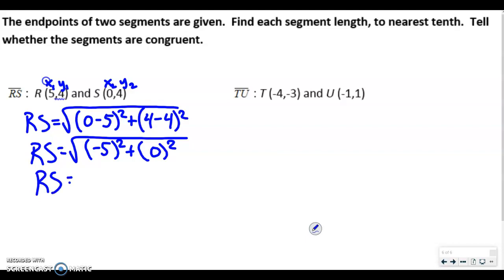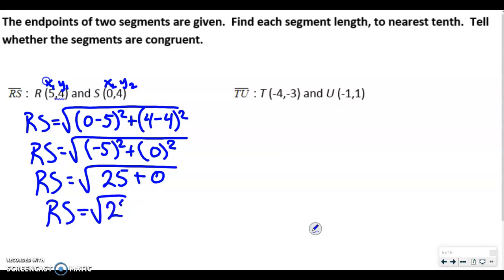Then just square each of those. Negative 5 squared gives us 25, and 0 squared is 0. RS equals the square root of 25. Punch that into your calculator and you should get RS equals 5. Or hopefully you know that the square root of 25 is 5, since it is a perfect square. So we know RS is 5.